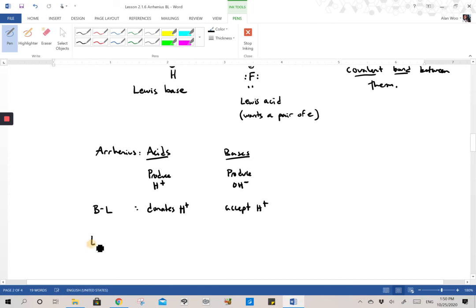While with Lewis acids and bases, the acids accept a pair of electrons, and the bases donate a pair of electrons.